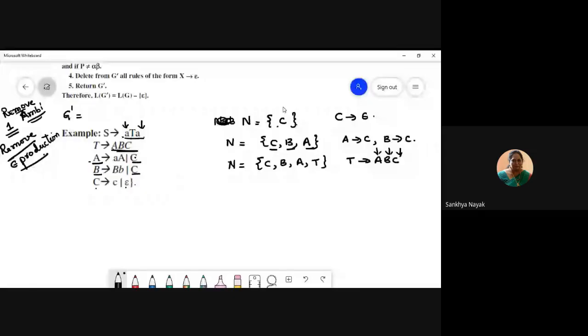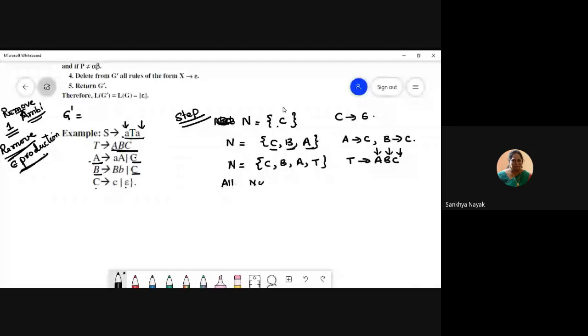To remove epsilon productions, one step is to find the whole nullable set. So you have all nullable non-terminals here. The next step is to convert these productions so that I can remove null. It's very, very easy.